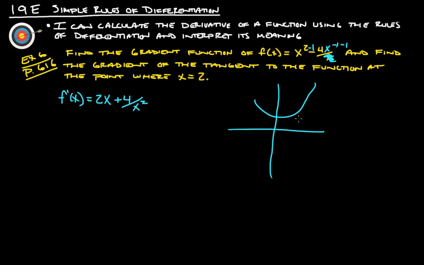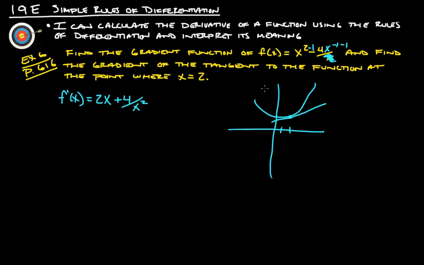Here's x equals 2. They're asking us to find the slope of this line that's the tangent to this function at the point where x equals 2. So again, find the gradient.